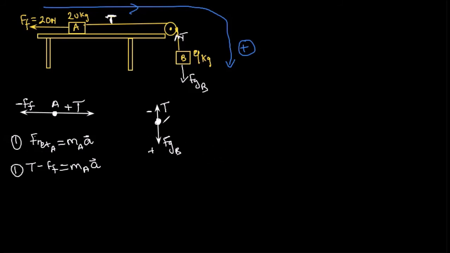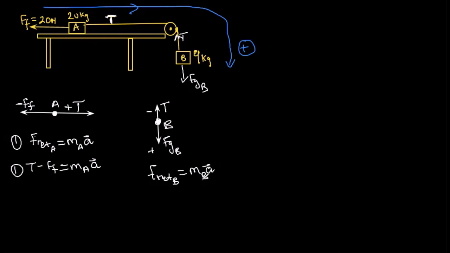Then you go to your mass B, so you're going to say, okay, F net for B equals mass of B times the acceleration.